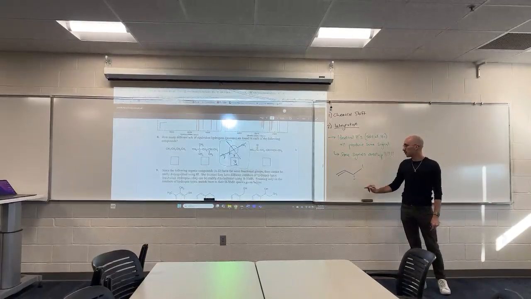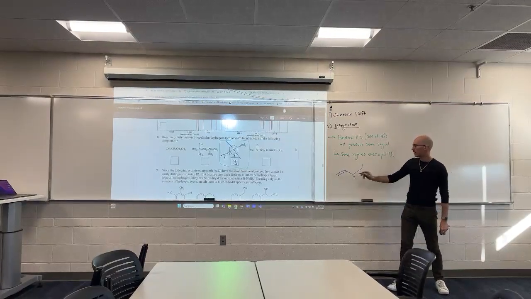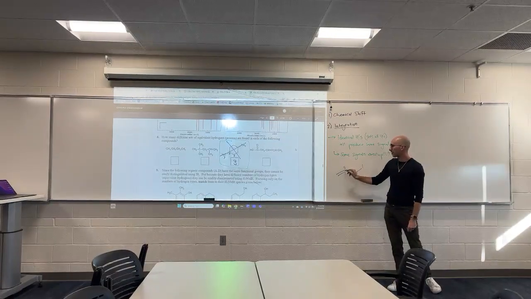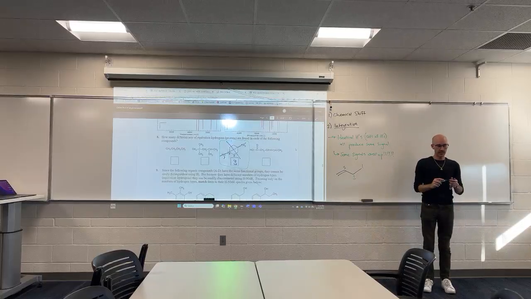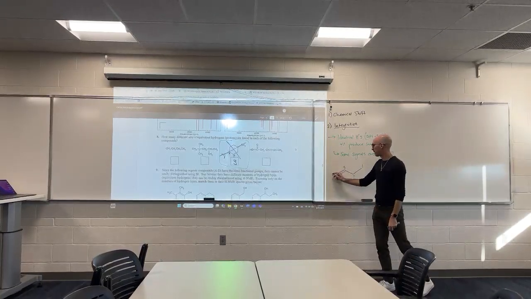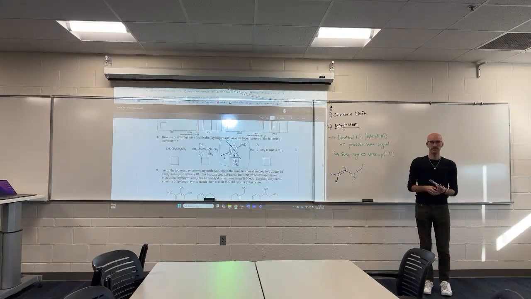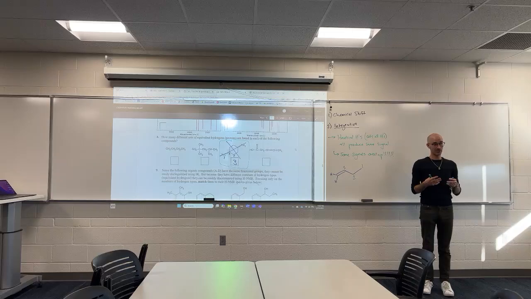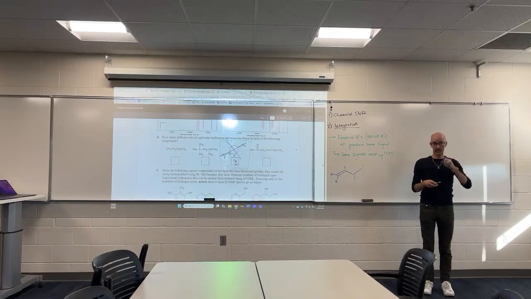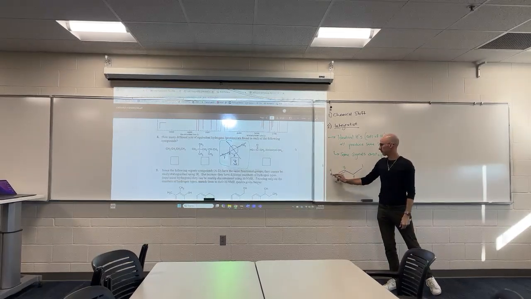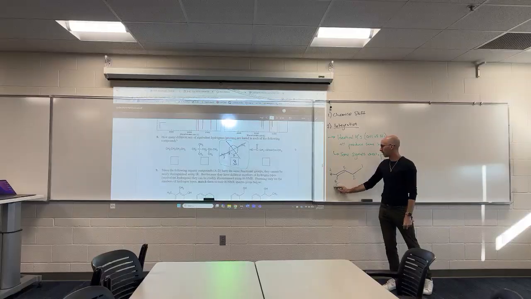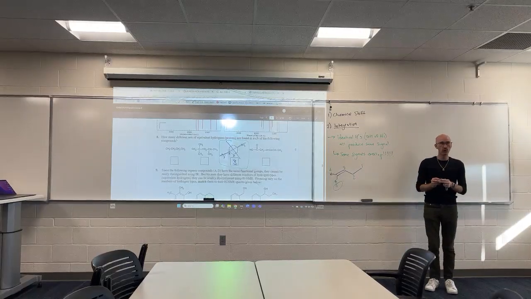The CH2 is unique. The CH of the alkene is unique. But what surprises many is that the CH2 is actually 2 unique hydrogens. This compound has 5 total sets of hydrogens.